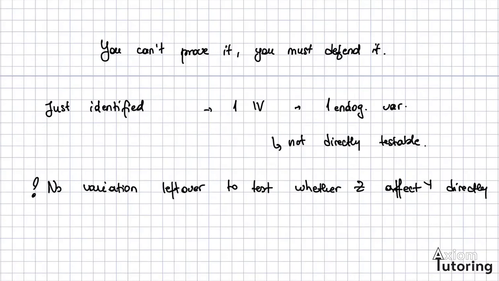And the question is not, is the exclusion restriction mathematically proven? The question is, is the restriction believable, and have we done everything we can to defend it? Which shifts the burden from statistics to reasoning, and that's why the best IV papers read more like detective stories in a sense rather than econometrics textbooks.